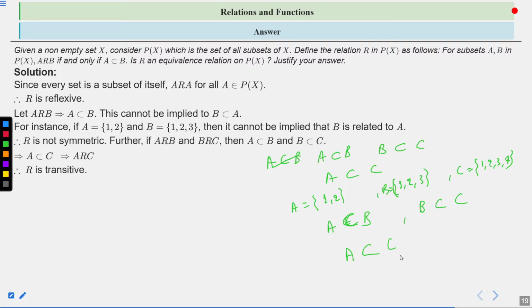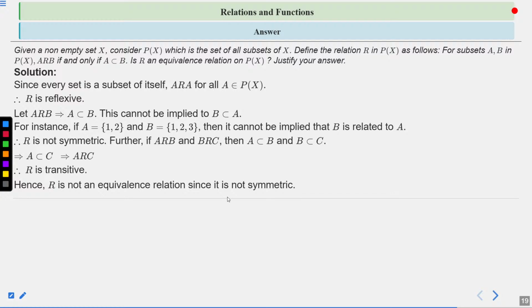So if A is a subset of B and B is a subset of C, then A will always be a subset of C, whatever sets you take. Clear? Therefore, R is transitive. Hence, R is not an equivalence relation. It is reflexive, it is transitive, but it is not symmetric.